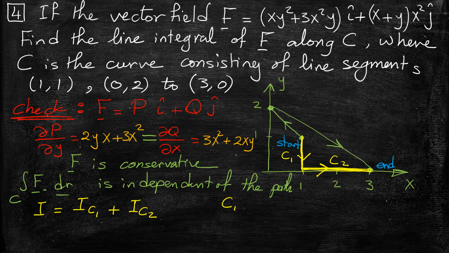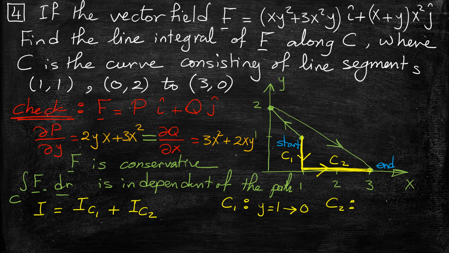C1 is something parallel to the y-axis. I'm moving from y equal to 1 to y equal to 0.